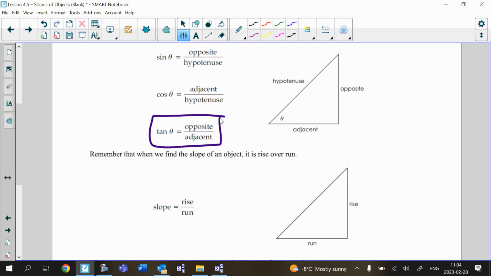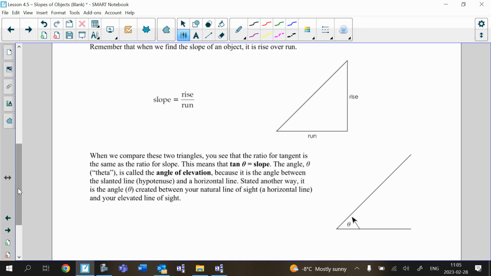So we can use slope in trig to actually find the angle that something is tilted at, or what we call the angle of elevation. An angle of elevation is just an angle formed between a horizontal line and looking up to something.